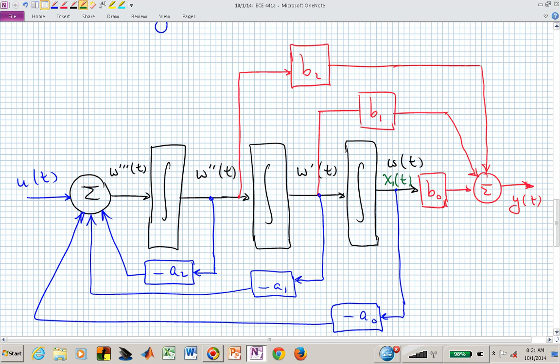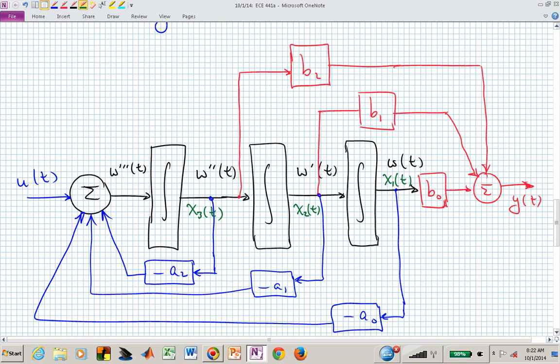I hope that's what I picked before. Let me now call this, maybe I should do it below so that it's not so scrunched up. Let's call that this location x sub 2, and this location x sub 3. That's the strategy, is assign state variables as the outputs of our integrators.